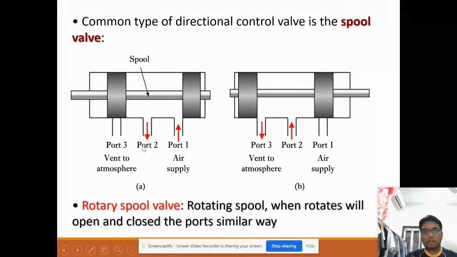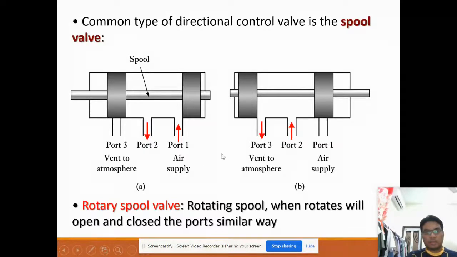Port 2 is connected to your system, to move something like a hand robot. Then the spool moves horizontally and closes port number 1, and opens port numbers 2 and 3. This releases the air, venting it to the atmosphere. That is the principle of this spool valve.